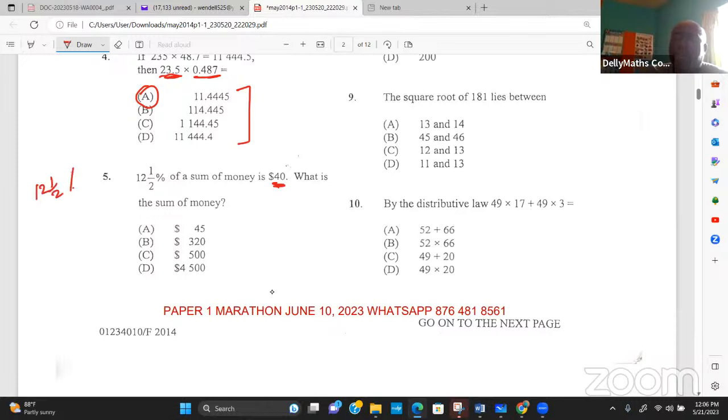There are a number of ways you can approach this. 12.5% is the same thing as 1/8, so this is something that we want to grab. 12.5% is 1/8.